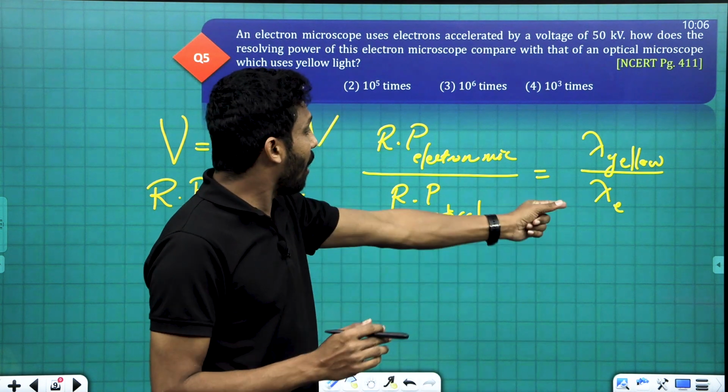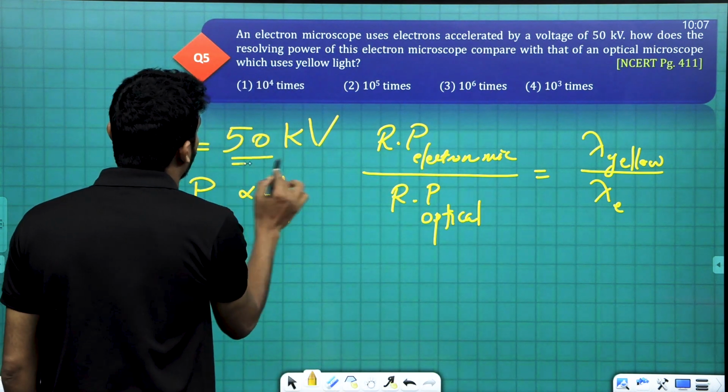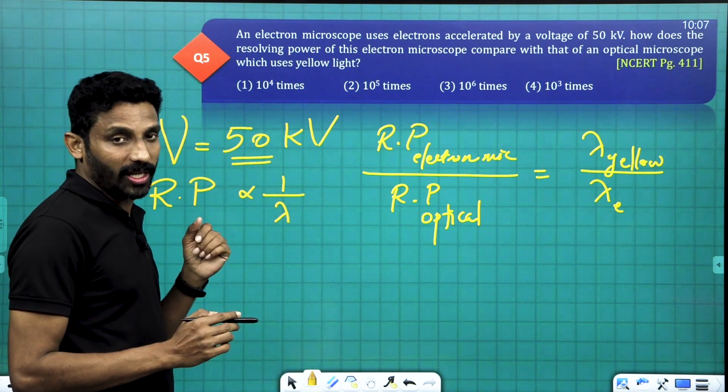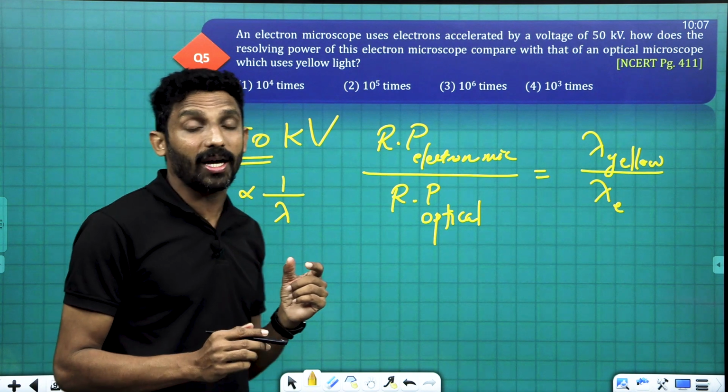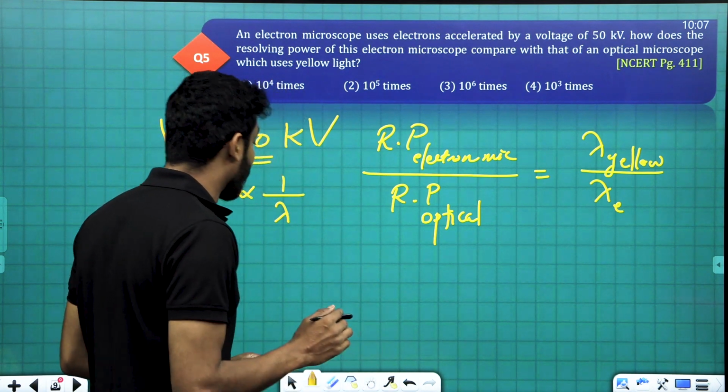Then lambda of the electron, this electron is accelerated by this much voltage. Then lambda is equal to h by p. You know, lambda is equal to h by p.